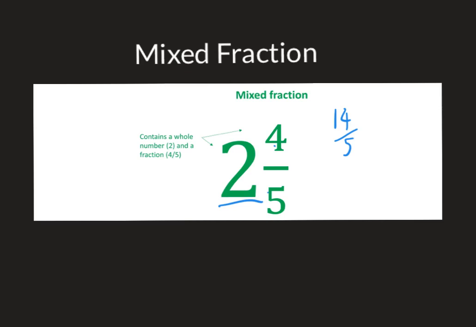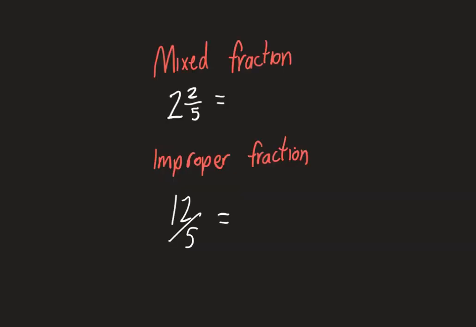So remember, a mixed fraction is when it contains a whole number and a fraction. The difference between the mixed fraction, which has the whole number and the fraction, and the improper fraction is that with an improper fraction, the numerator is bigger than the denominator.